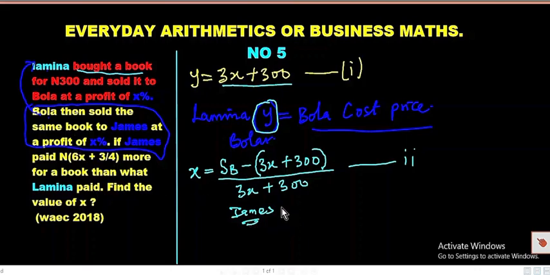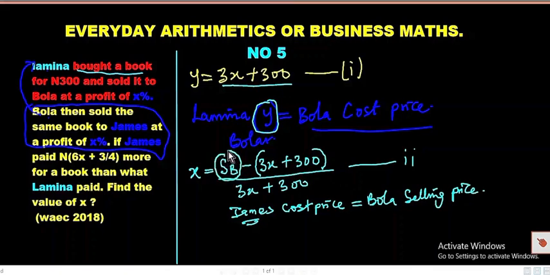Now, James' cost price is going to be what? Bola's selling price. And I have not determined Bola's selling price. So this is that Bola selling price, which I have not found. So I'm going to find it. So what is Bola's selling price?